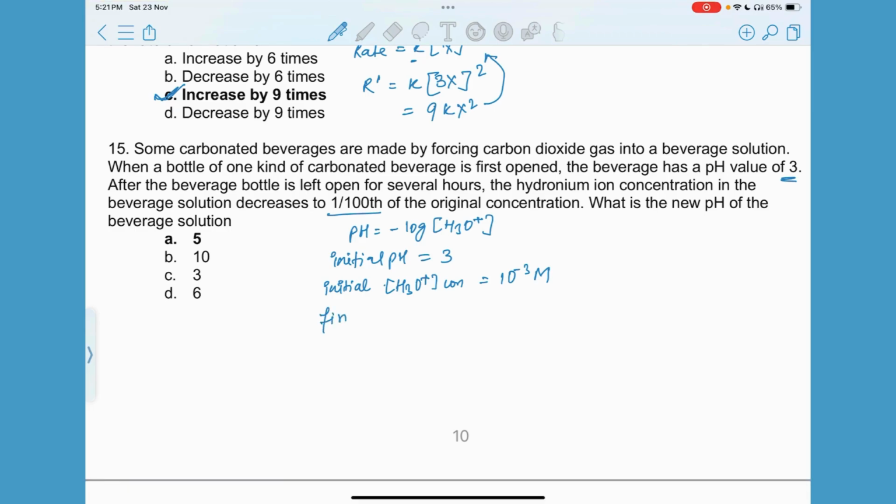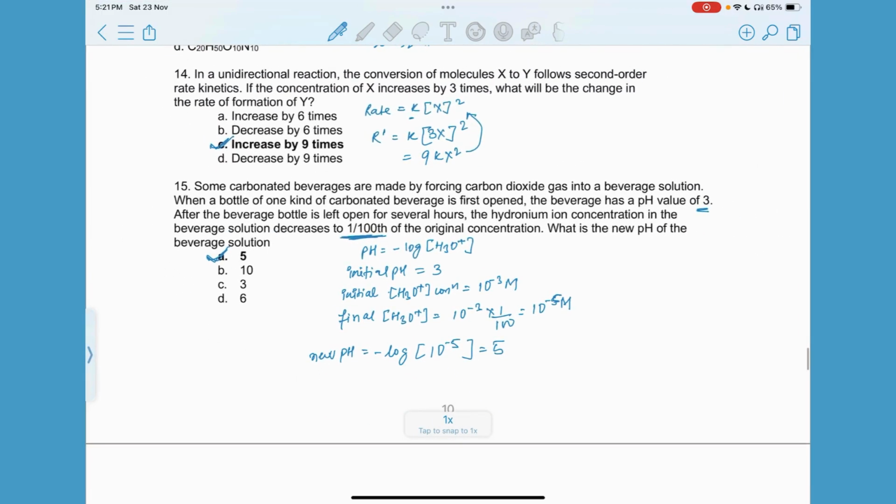For the final concentration of hydronium ion, we know that it has become 100th of the original, that is 10 to the power minus 5 molar. So the new pH will now become minus log of the hydronium ion concentration, that is 5. So now we have solved.